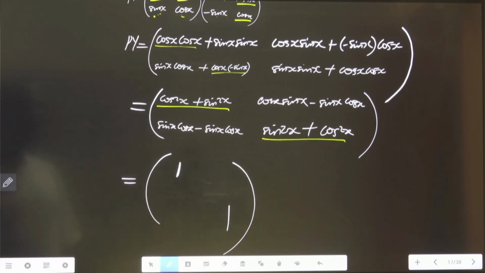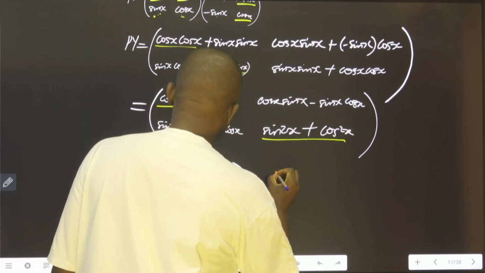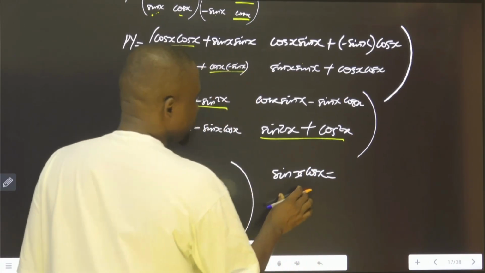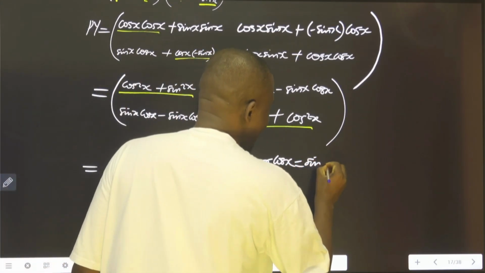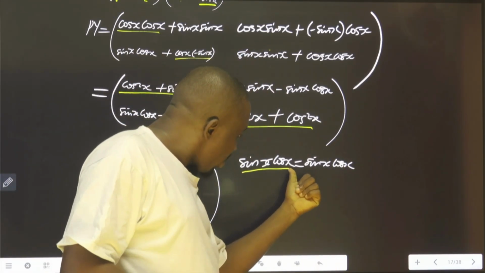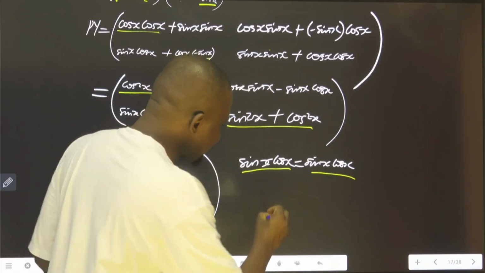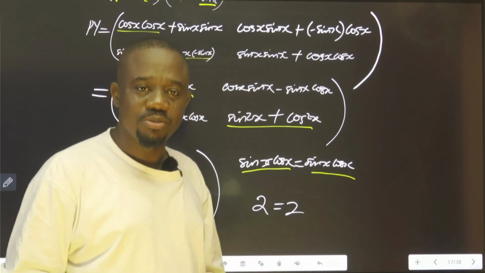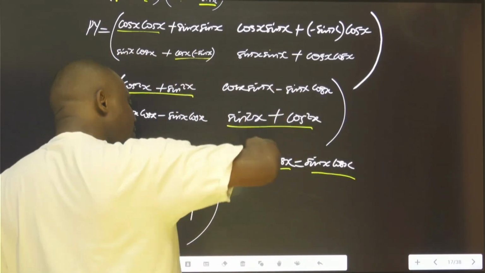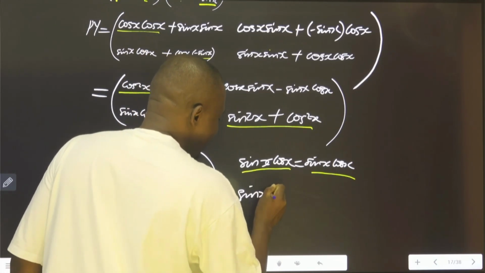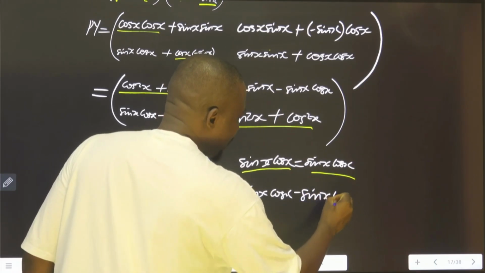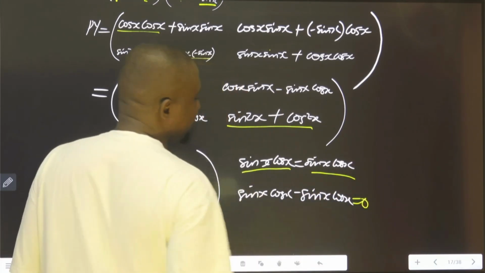What is the meaning of this? Sin S cos S, you agree with me, is equal to sin S cos S. Are they not equal? They are equal. It's like I'm saying 2 is equal to 2. So this is equal to this. Therefore, if I move this to this side, we get sin S cos S minus sin S cos S. What is remaining now is 0.